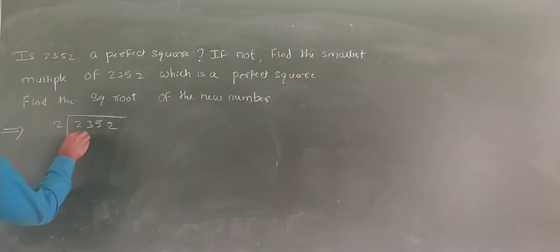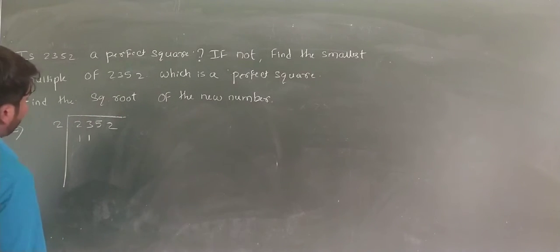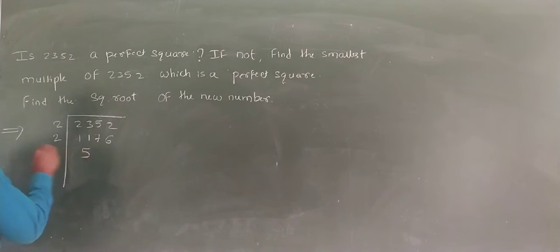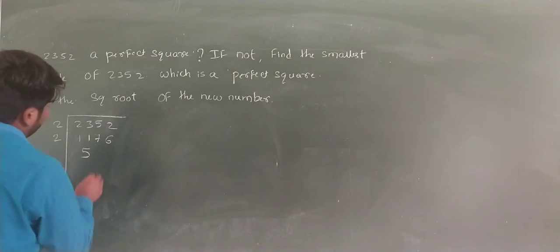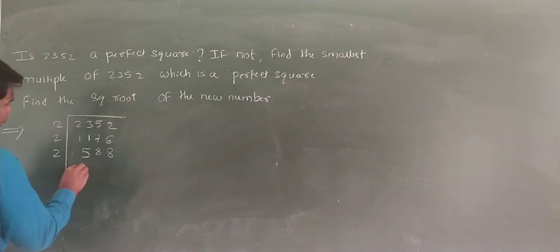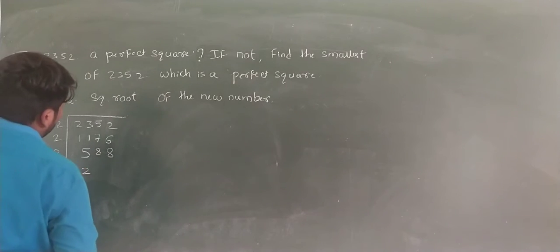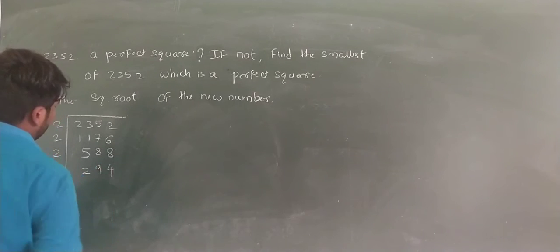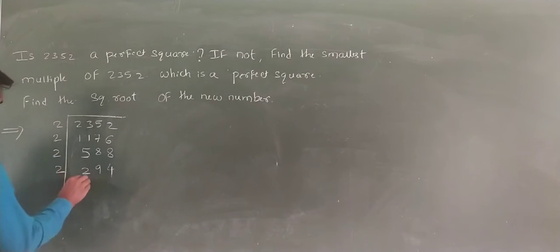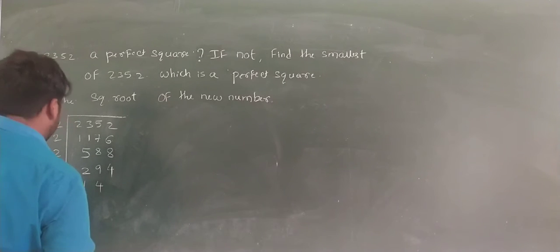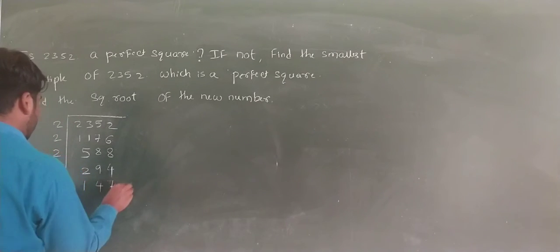2 1s are 2, 2 1s are 2, 1 remains, 2 7s are 14, 1 remains, 2 6s are 12. Similarly, 2 5s are 10, 1 remains, 2 8s are 16, 1 remains, 2 8s are 16. So this is 2 2s are 4. 1 remains, 2 9s are 18. 2 4s are 8. Similarly, 2 1s are 2, 2 4s are 8. 2 4s are 8, 1 remains, 2 7s are 14.